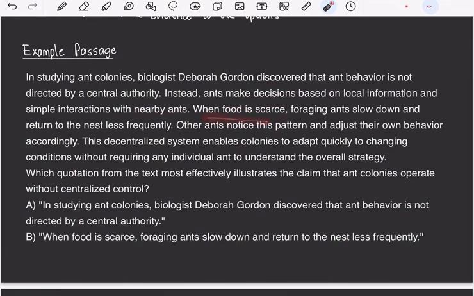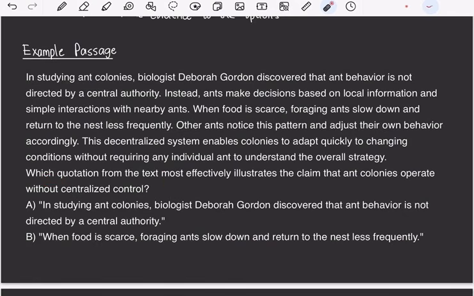When food is scarce, foraging ants slow down and they return to the nest less frequently. Other ants notice this pattern and adjust their behavior accordingly. This decentralized system enables colonies to adapt quickly to changing conditions without requiring any individual ant to understand the overall strategy.